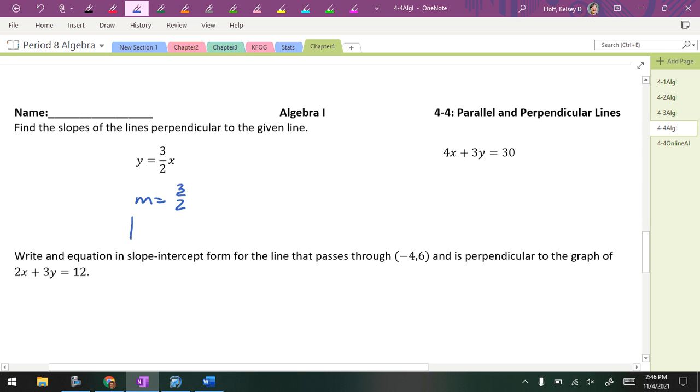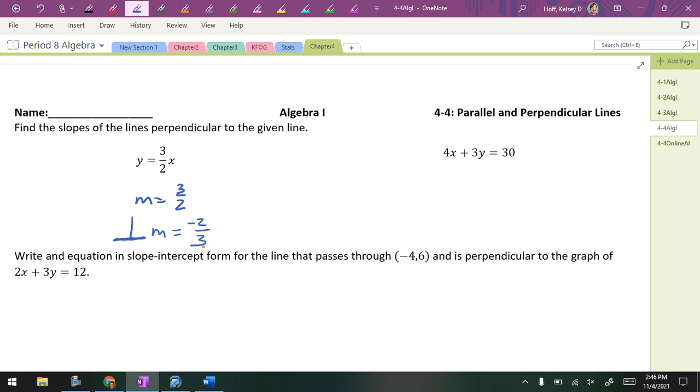So perpendicular is an upside down T. Jackson, the T means perpendicular. The perpendicular slope: change the sign, flip it. Negative 2/3. That's the slope, yes. That's all we need to do.